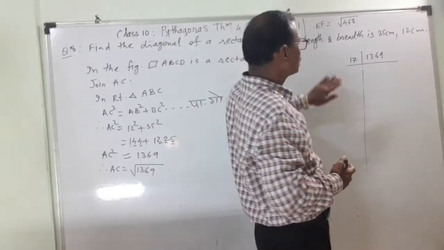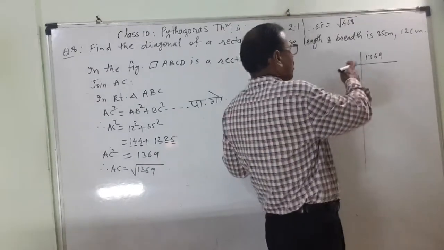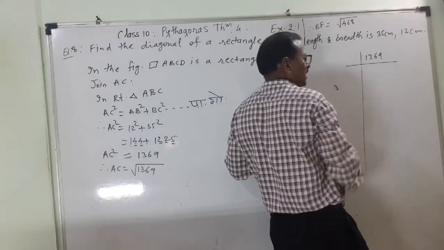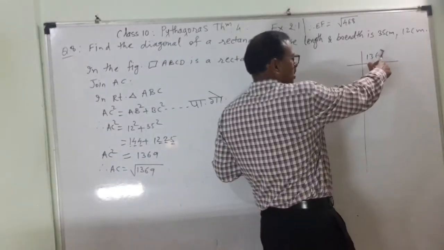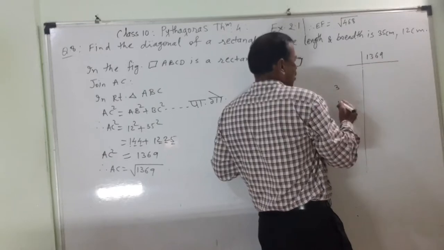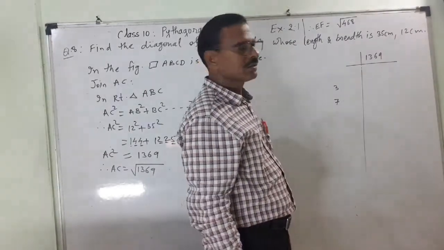Understand? So which number is that? For 9 at the last, what should it be? 3 at the last, whose square should be 9. So 3 or 7 may be the number.